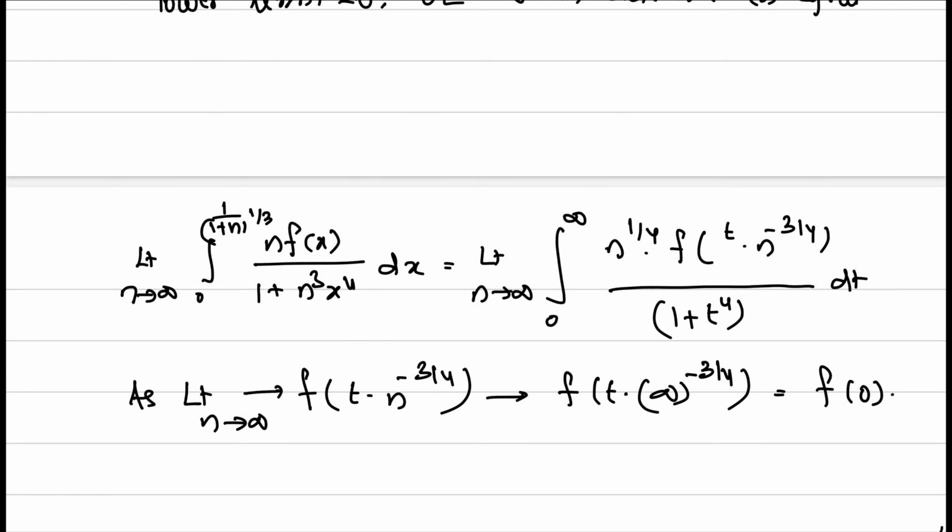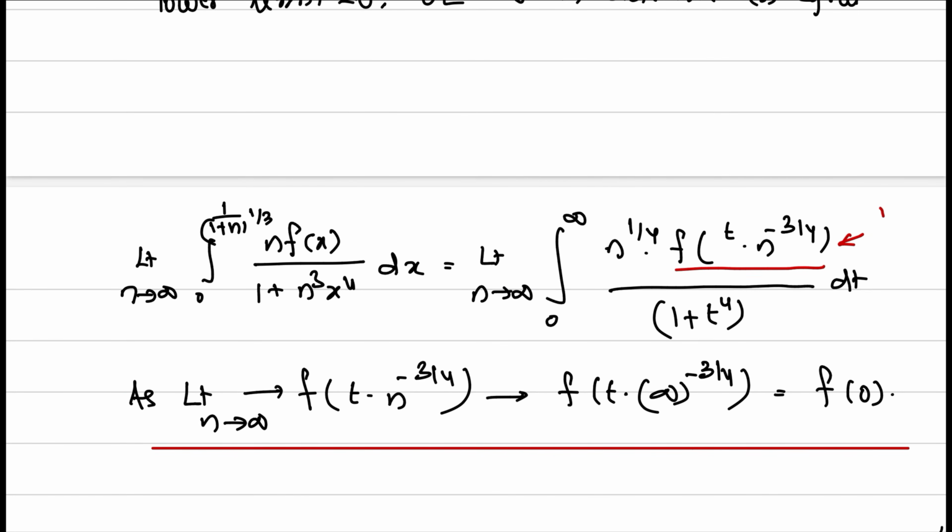Are you able to understand this? This is the crucial step here. Hence, as n tends to infinity, can I write this as function 0? Can we write like that?